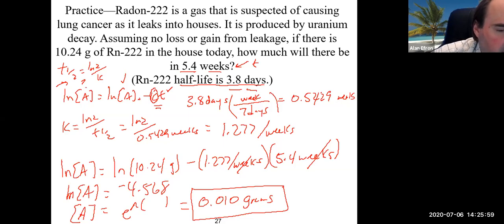Any questions on that particular one? If you converted it to days, you should in the end get about the same number. It has also obviously gone down, which is good. We've gone through a number of half-lives at this point, so it should have gone down by a bunch. Any questions on any of that?